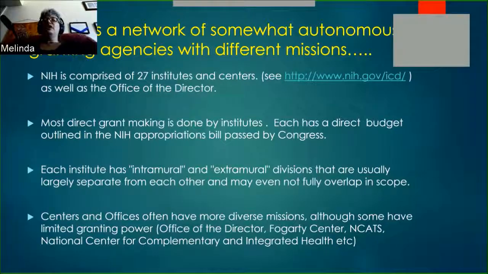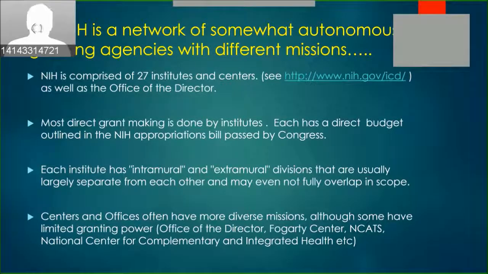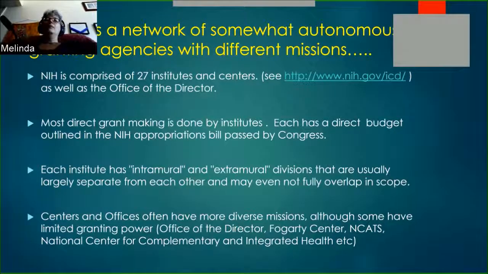The extramural division, that's the division you're going to be interacting with mostly, and that is the funding that leaves NIH and goes externally. The intramural program and the extramural program each have their own director. Those directors then report to the director of the institute.